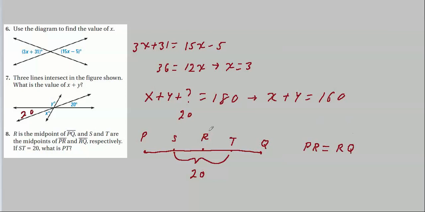In fact, we know that RT is half of RQ. RS is half of PR, but they both have the same length. So, we know that RS equals RT.